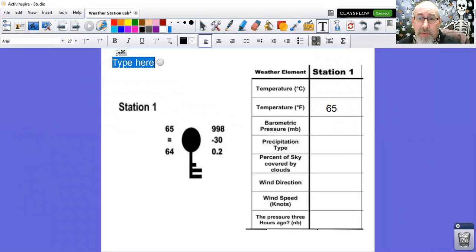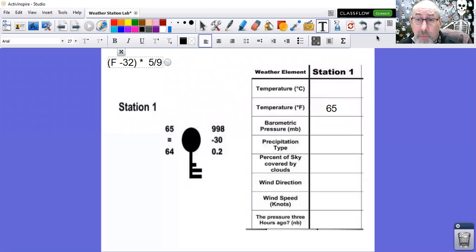So to find my temperature in Celsius, I'm going to do my Fahrenheit minus 32, and then I'm going to multiply that by, let's see, this is where I always get a little off. All right, so it's Fahrenheit minus 32 times 5 ninths.